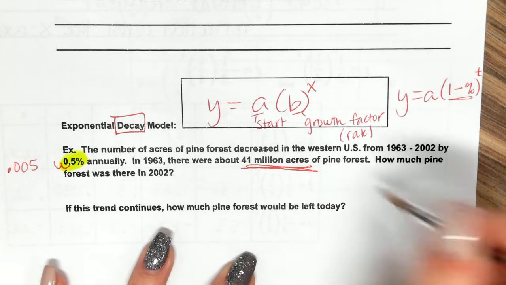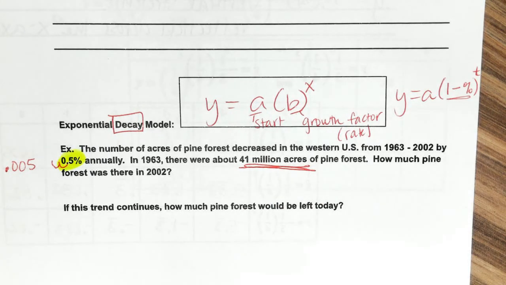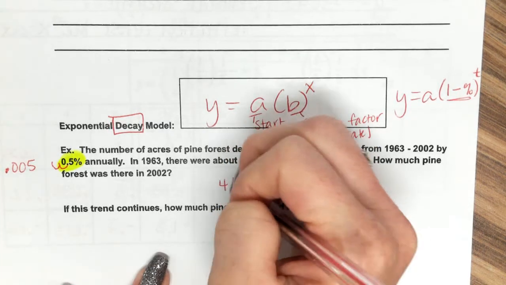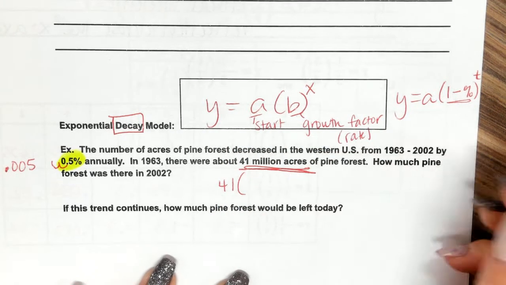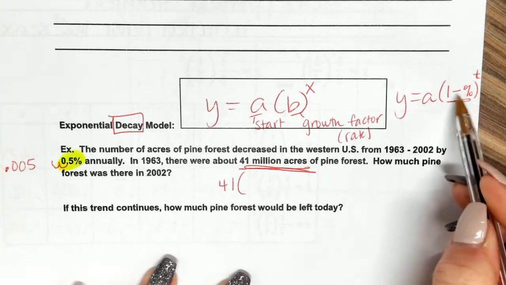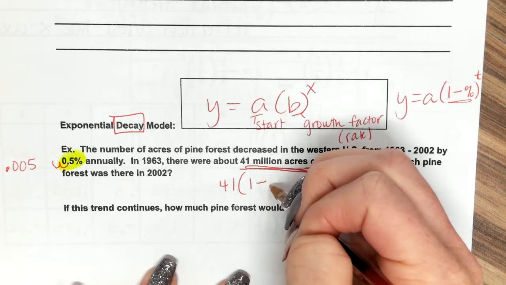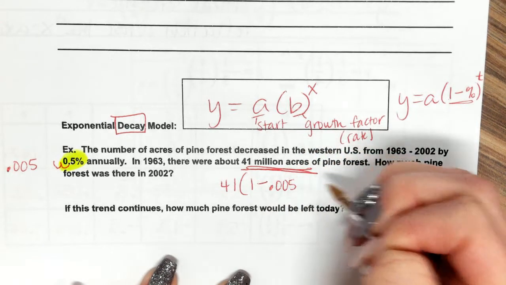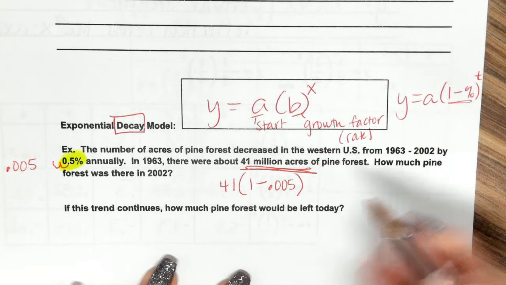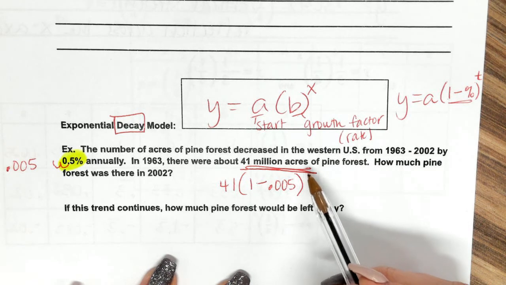Can we just use 41 and then in our answer write million? All right, so 41, open parentheses. How am I going to find that number? 1 minus 0.005. And now we need to figure out what the exponent needs to be.